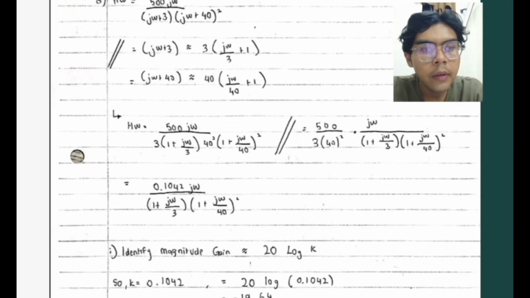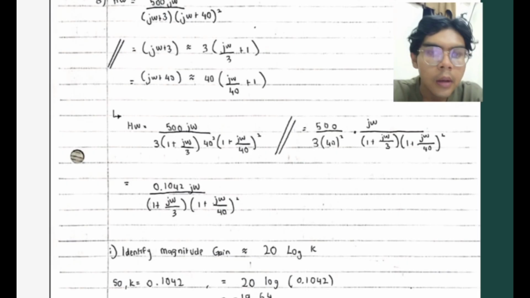So after we factor out the 3 and 40, we get the new transfer function, which is 500 jw divided by 3 multiplied by (1 plus jw divided by 3) multiplied by 40 to the power of 2 multiplied by (1 plus jw divided by 40) to the power of 2. So we can take out all the numbers on the left side.